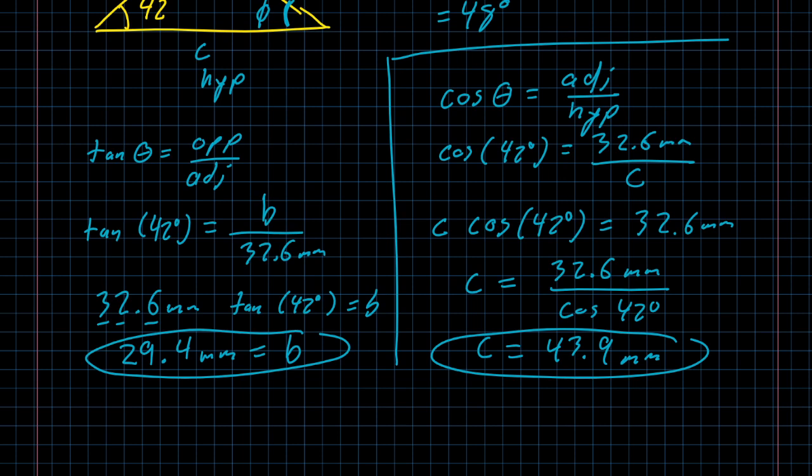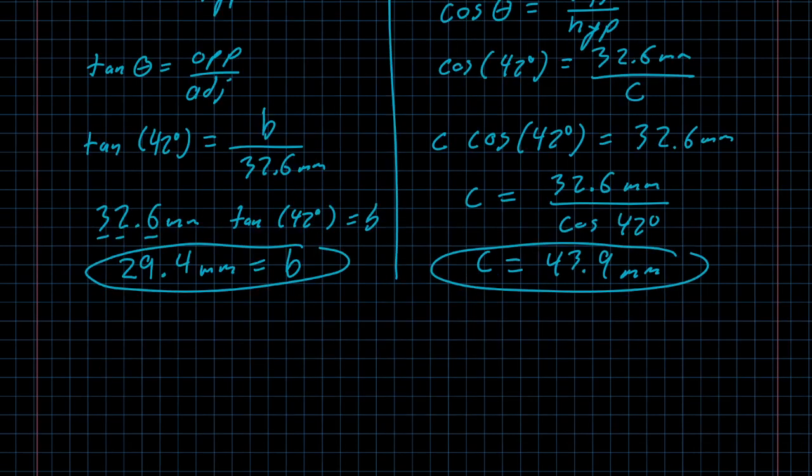But what if that's not what you're given? What if instead of knowing the angle, all you know is sides? Let's go ahead and sketch out another right triangle. So we need to have a triangle.